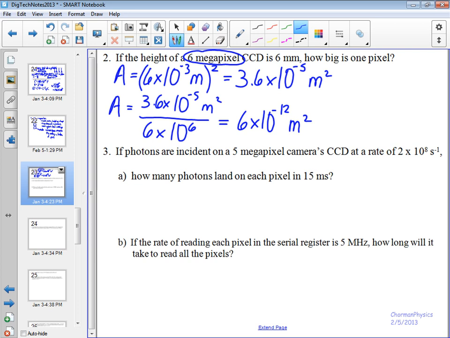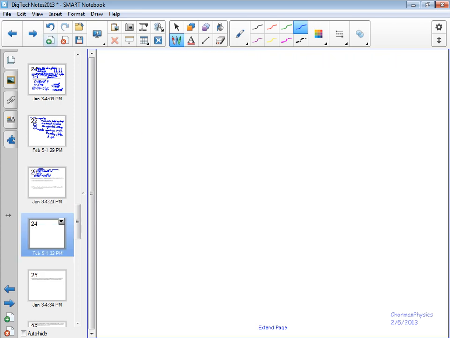Okay. And yeah, so that's one way you can do it as far as finding the area. We can also try to figure out the actual dimensions of each pixel if we want to do that. If we assume that this is a square, this would just be a continuation from number 2. So if it's 6 megapixels in terms of the total number of pixels, how many pixels make up one side here? This is going to be the square root of 6 million pixels.